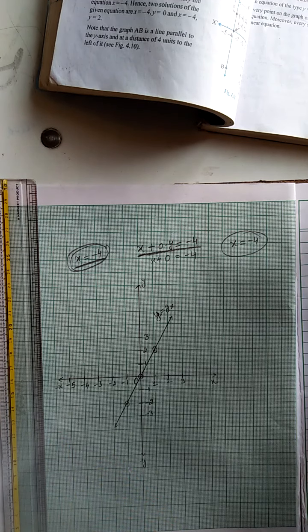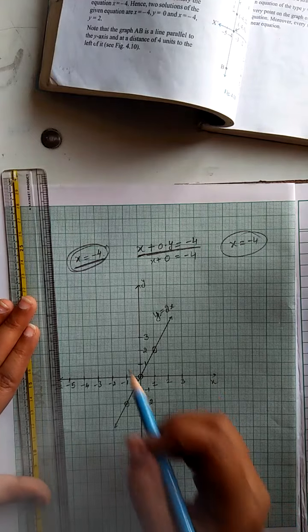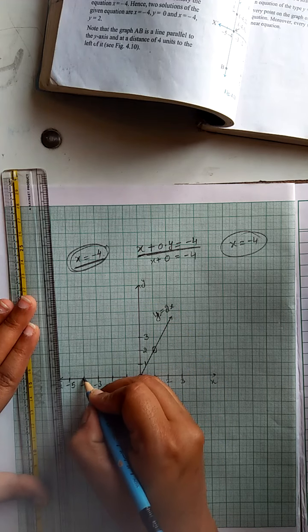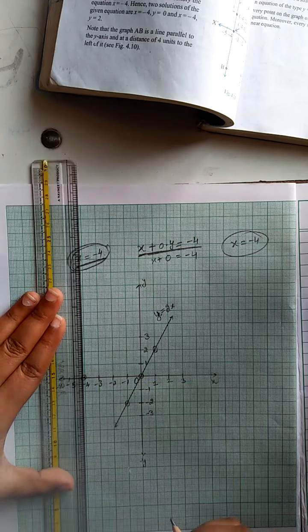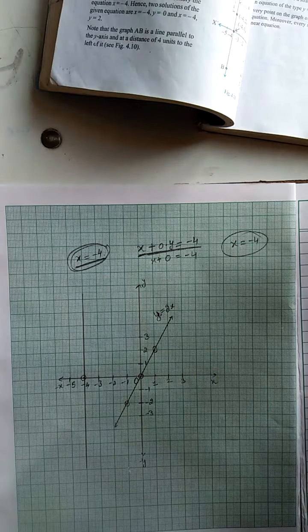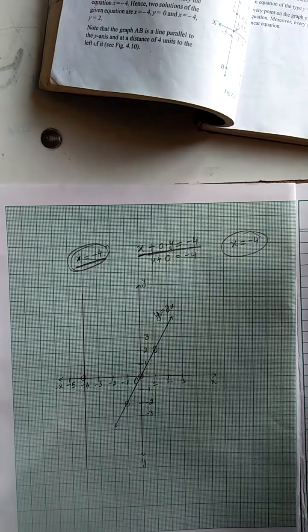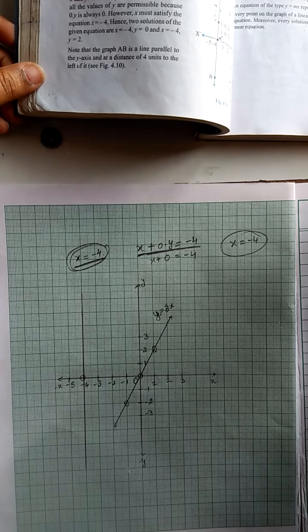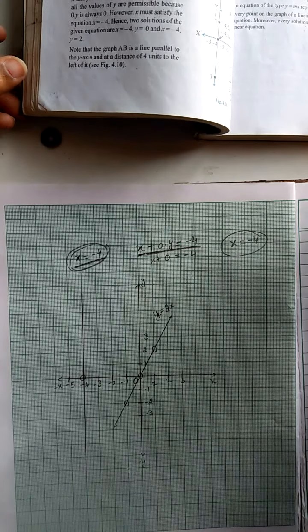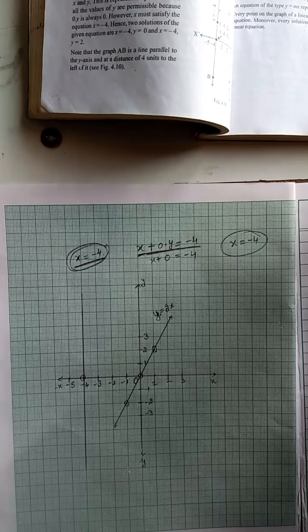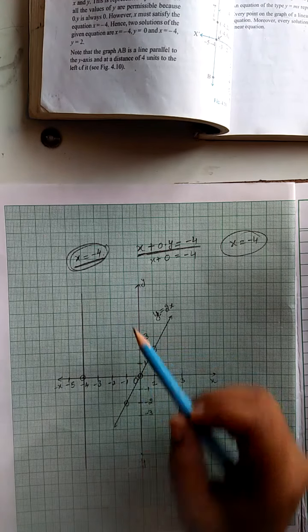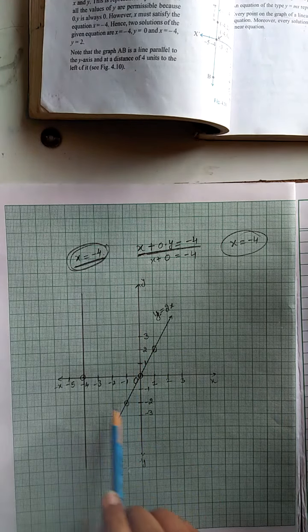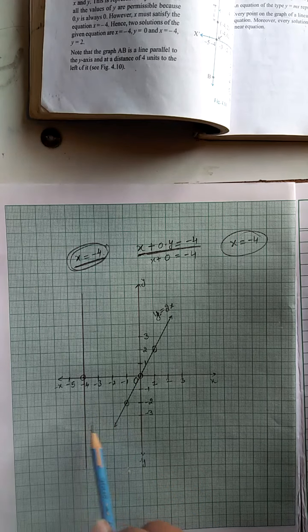Okay, so we draw it. x is minus 4 is here. Okay, in this way we can draw, because here all the values of y are permissible. So from every point its distance is minus 4.